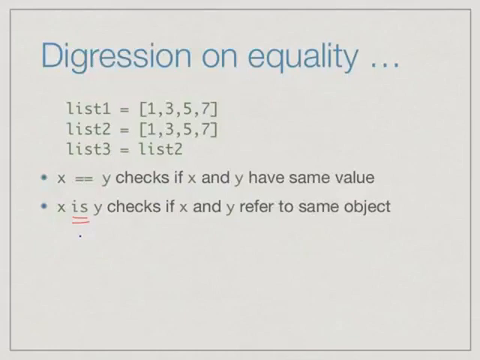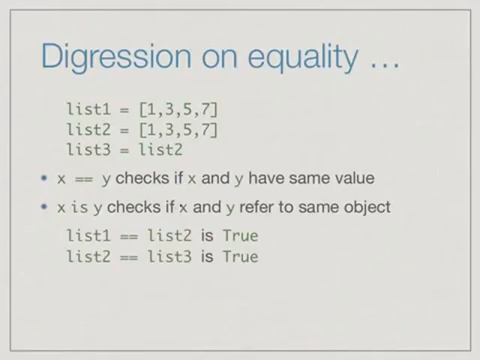So when we say x is y, what we are asking is whether x and y actually point to the same memory location, the same value, in which case updating x will affect y and vice versa. So we can say that x is y checks if x and y refer to the same object.